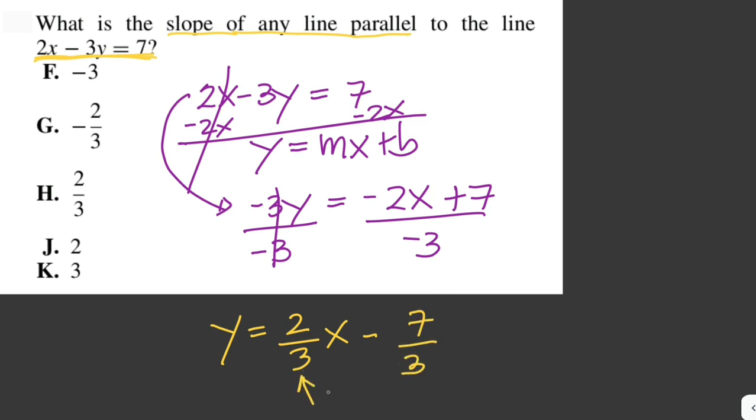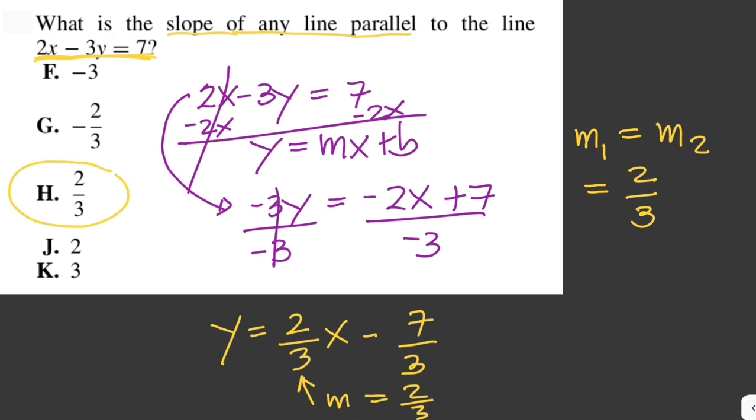Therefore, the slope m is equal to 2 over 3. Since they are parallel lines, the slope of the first line is equal to the slope of the second line, and that is 2/3. So the answer here is letter H.